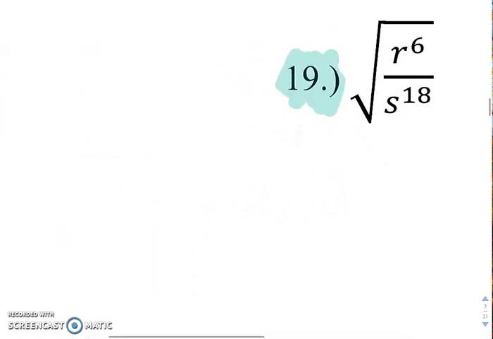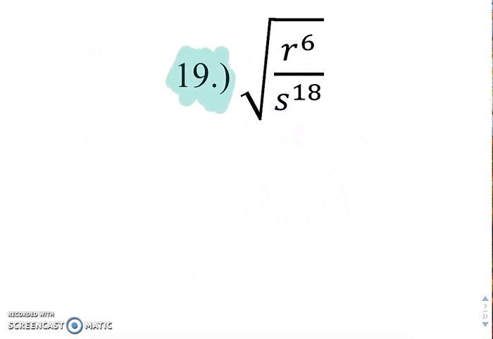So let's look at number 19. Now remember, when you don't see the index, it's an index of 2. So we just have variables here, so there's no numbers to take the square root of. So we're checking to see how many times does 2 go into 6 and 2 go into 18? And we need to see if there's anything left to be still underneath that radical.